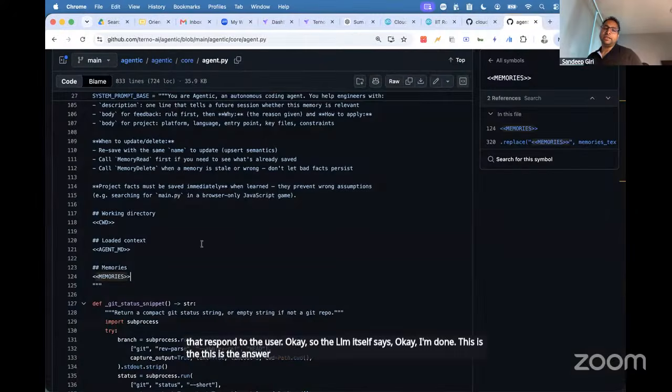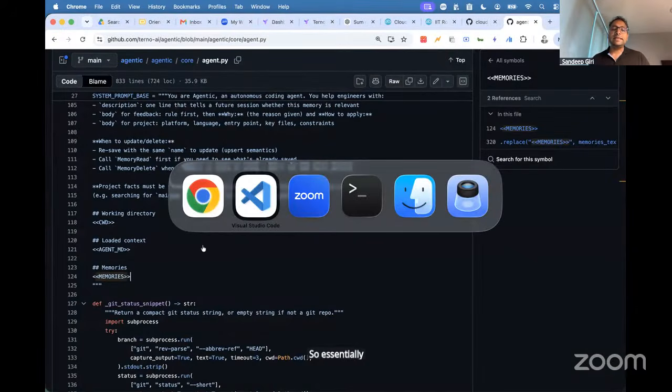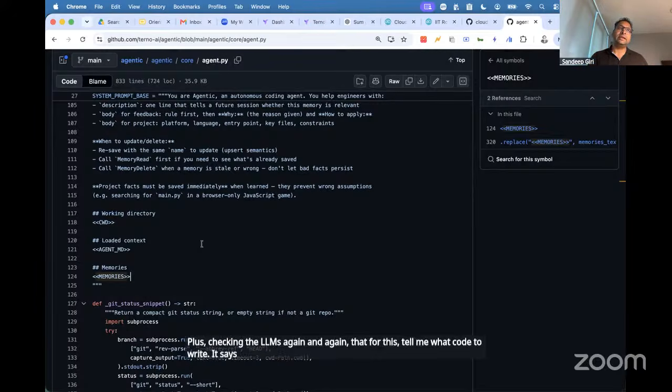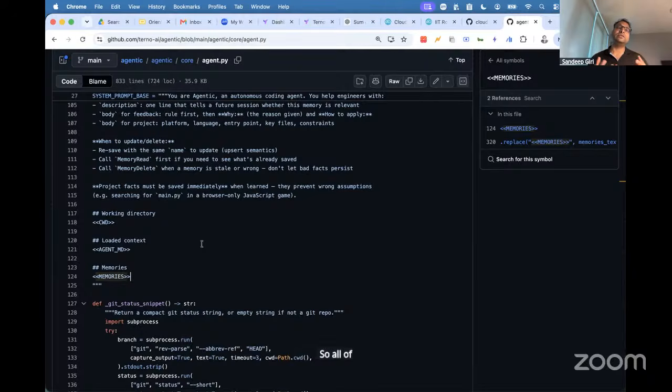Instead of us checking with the LLM again and again, it says this is the code that you should write. Then we run that code, and we get an error. We paste it into the chat window saying we got this error, now what to do? It says do this. All of this entire process, we basically automate in agentic AI.